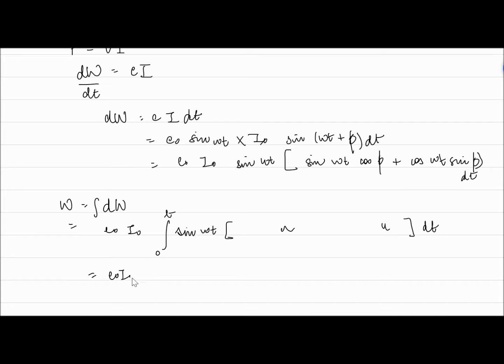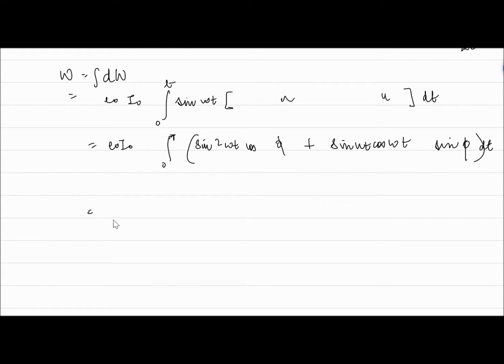So E naught I naught, 0 to t, we get sine square omega t cos phi plus sine omega t cos omega t sine phi, dt on whole.